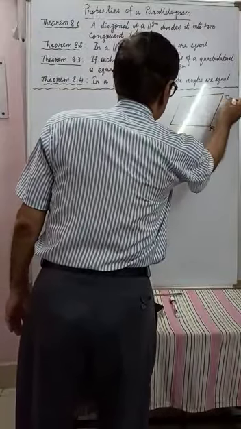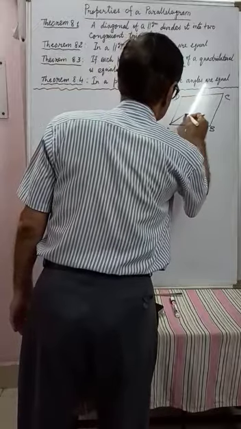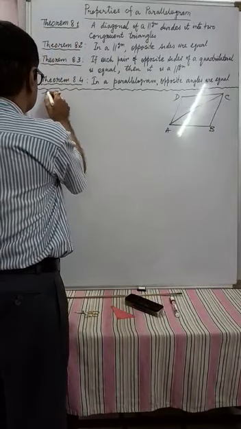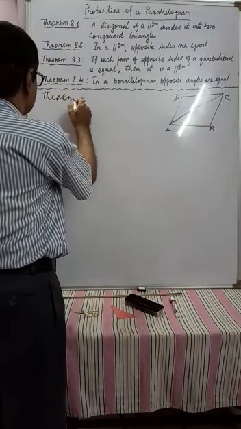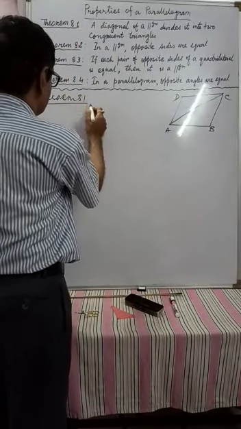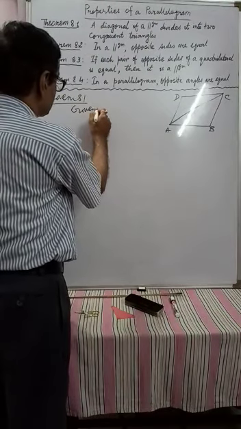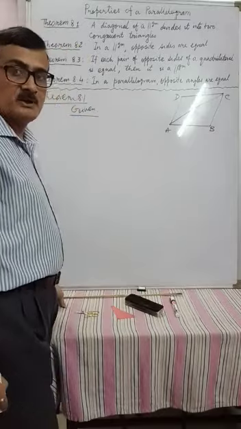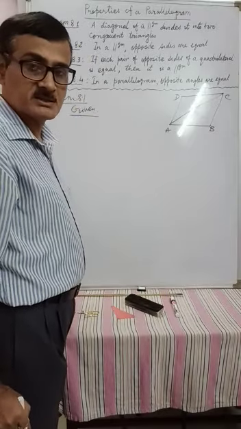So here is our parallelogram ABCD with the diagonal AC. For theorem 8.1, whenever we write a theorem, first we have to write Given, then RTP, and if a construction is there, construction, and then proof.